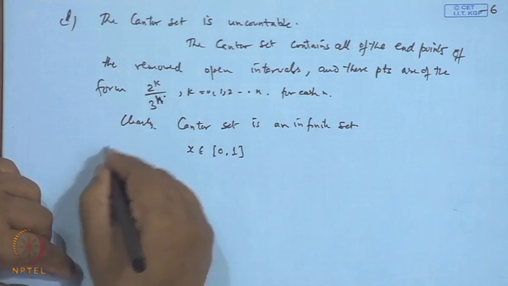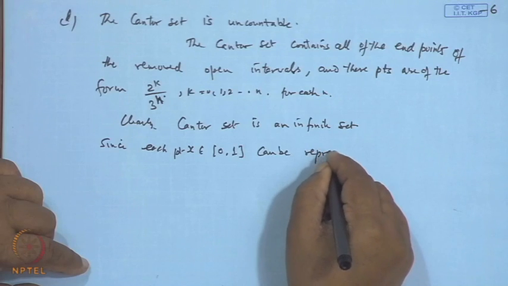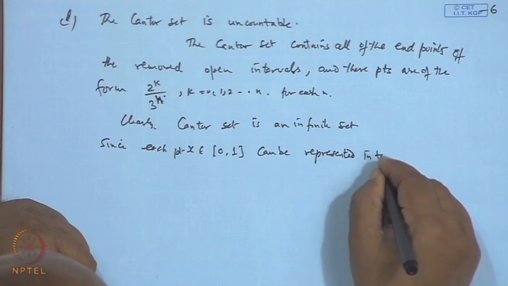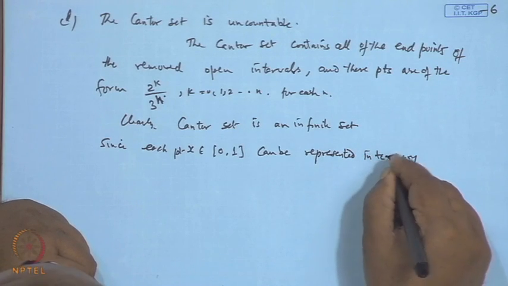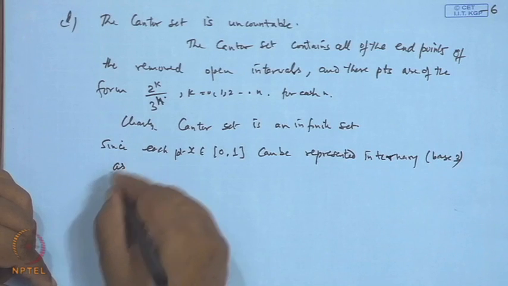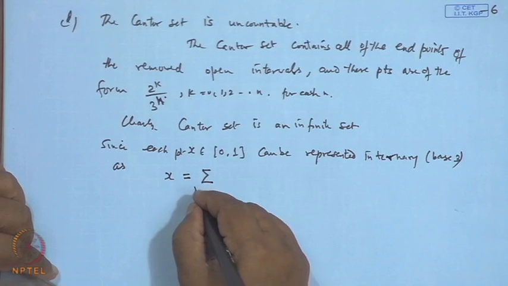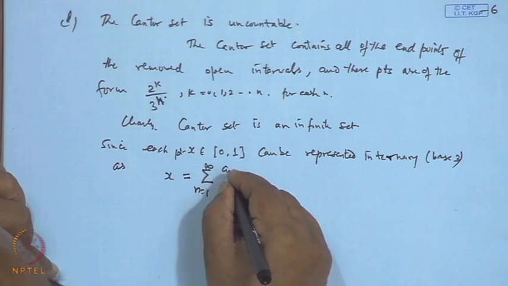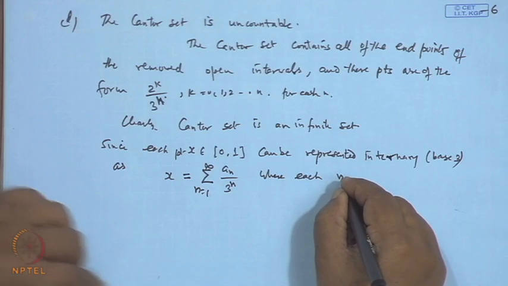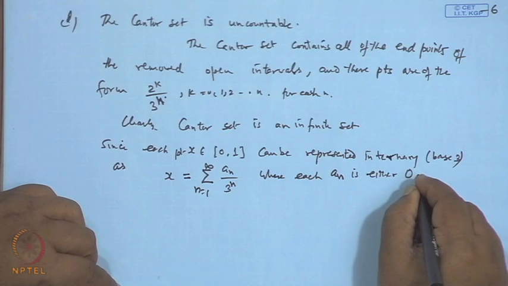Now, if we take any point x belonging to the interval 0 to 1, then each point x can be represented with the base 3, and its expansion will be x equal to the sum from n equal to 1 to infinity of a_n over 3 to the power n, where each a_n is either 0 or 1 or 2.